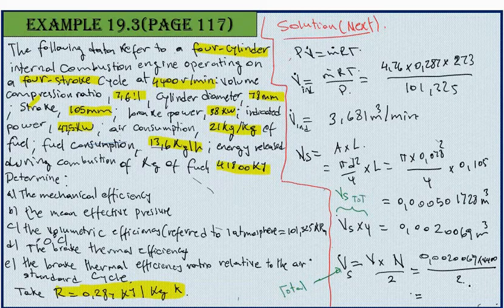So if I work this out, I get 4.415 cubic meter per minute.